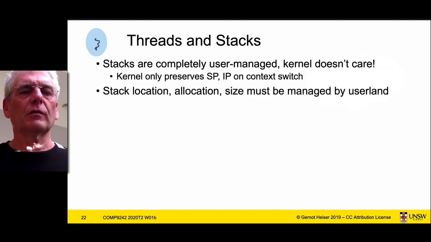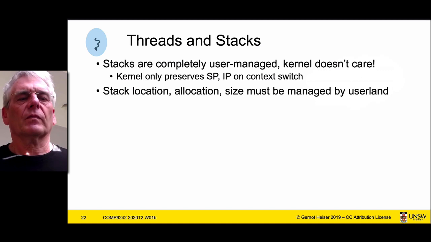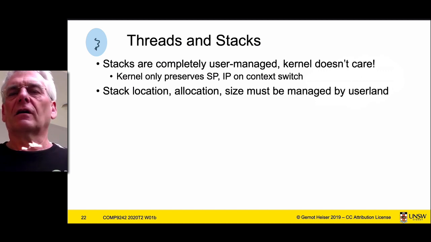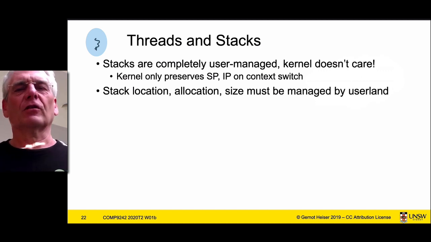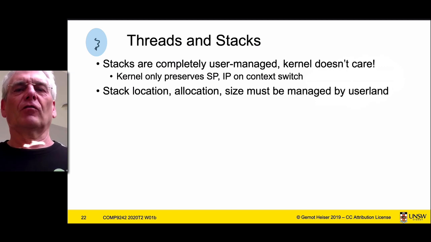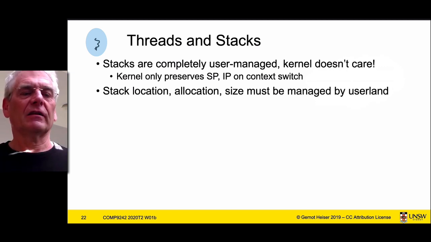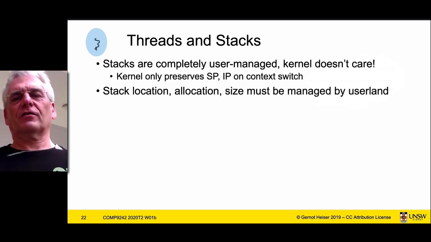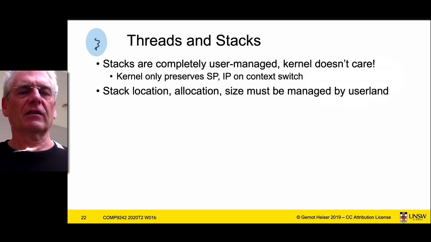A few things to keep in mind. Stacks are completely user managed. The kernel doesn't care about stacks. All you know is there's a stack pointer, and you need to make sure that there is actual usable memory for the stack pointer to point to. And all the kernel does is context switch those things, like the normal user general purpose registers.